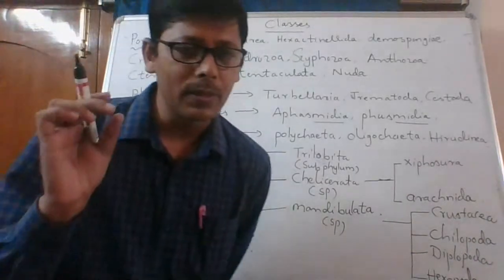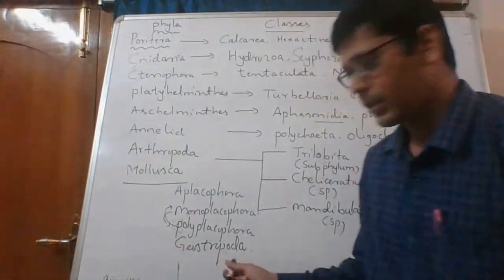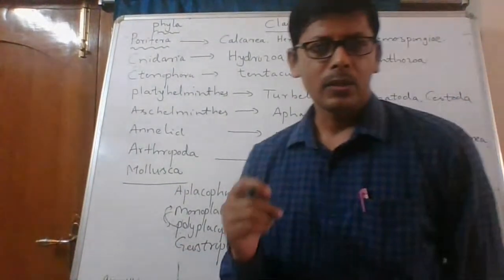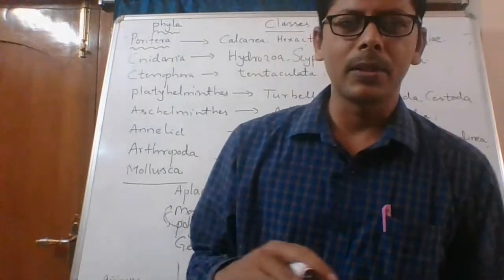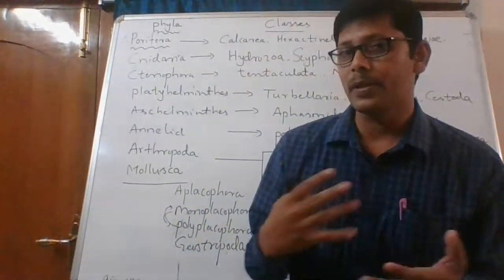Tomorrow I will be teaching symmetry. In that, you come across this class Gastropoda. In gastropods, during the larval stage there is bilateral symmetry, but when they become adults, they become asymmetrical.